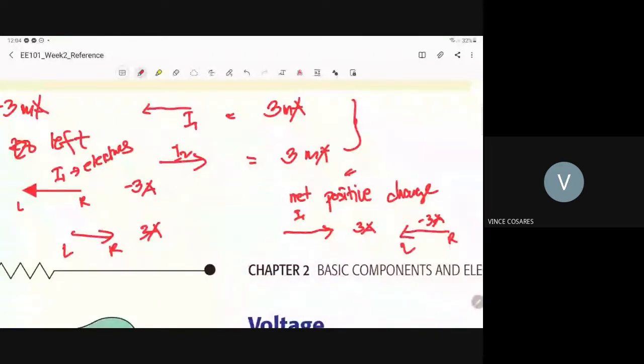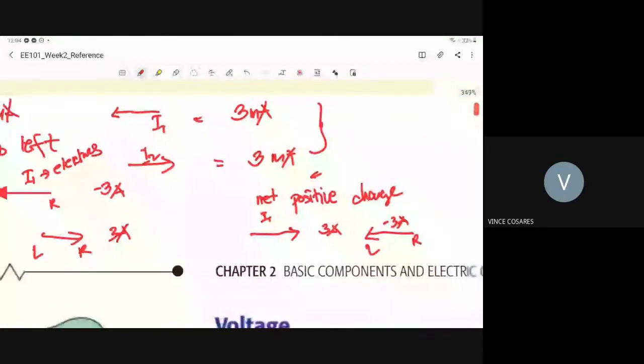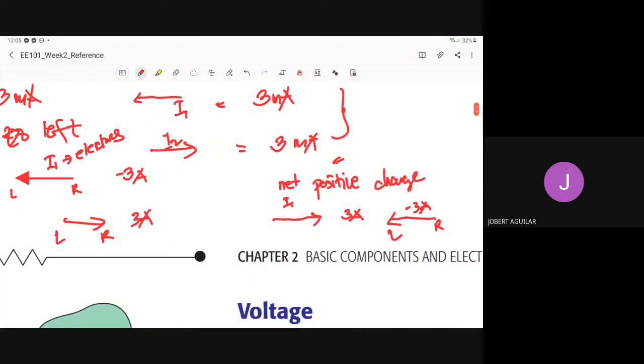Basig maglibog mo. Basig inyong automatic na dayon pag electrons, negative na siya. Dili, tanaw na yung problem. Sige, question. Last question before ta mag-end. Mag-base ra demi sa question, sir, no? Yes, mag-base mo kung unsa gi-declare sa question.